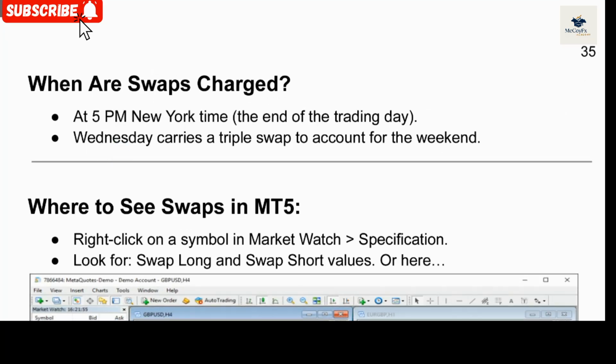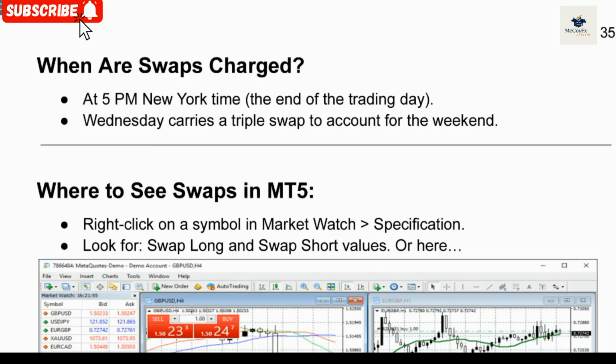When are swaps charged? This does not happen all the time, but there are some particular times that it happens. Swaps are charged at 5 p.m. New York time, the end of the trading day, and Wednesday carries a triple swap to account for the weekend. Where to see the swap in MT5?